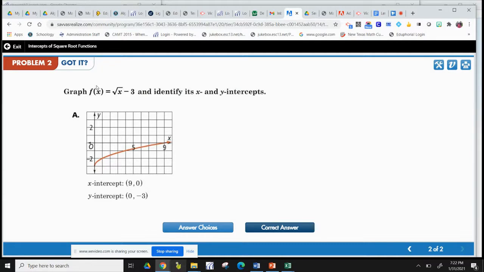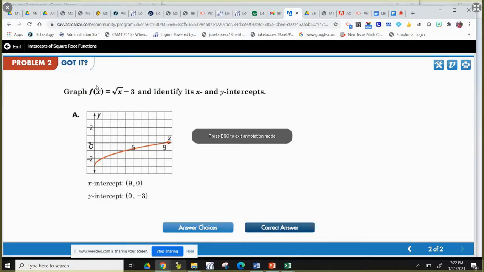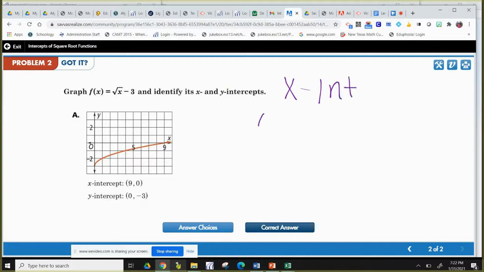Or you could plug in a 0 for the y. I'll show you how that works. You would add the 3, square both sides.